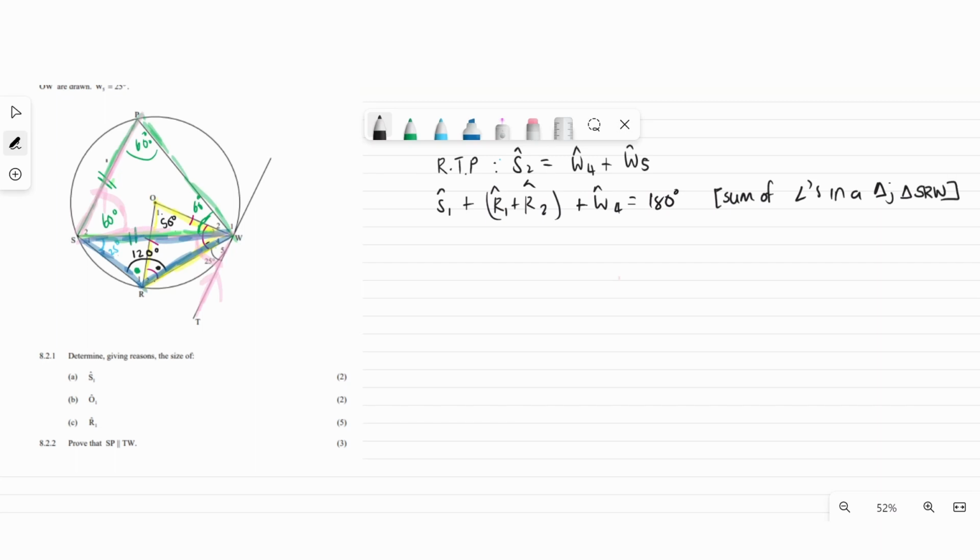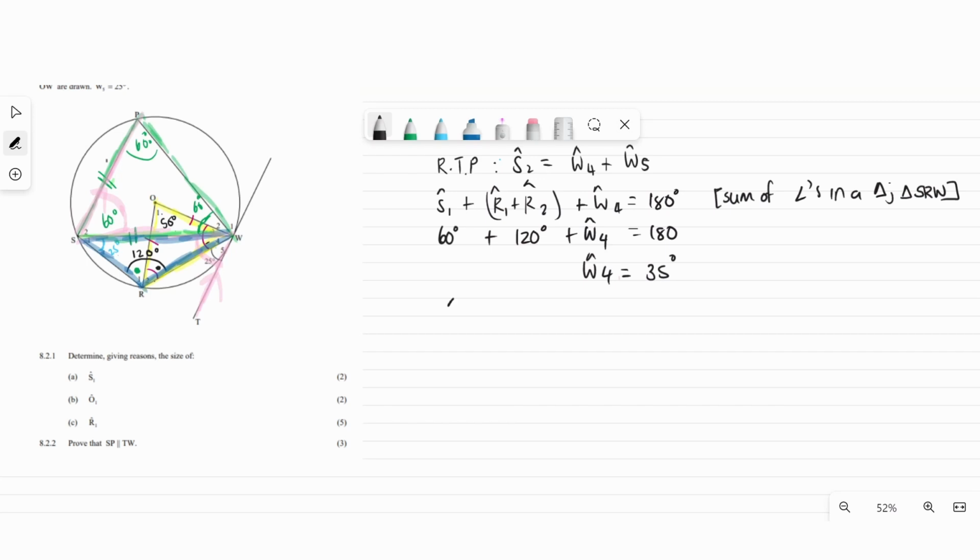We have S1 and R1 and R2, so let's substitute. It's going to be 60 degrees plus this whole thing, which is 120 degrees, plus W4 equals 180 degrees. Therefore W4 is going to be equal to 35 degrees.